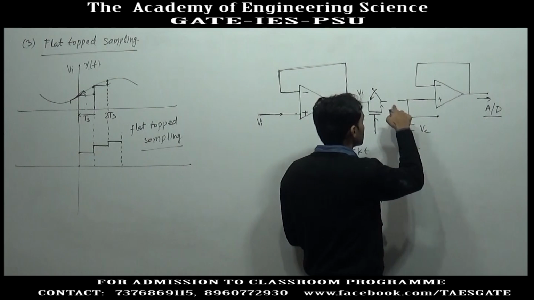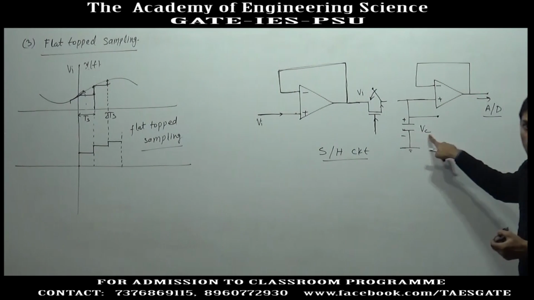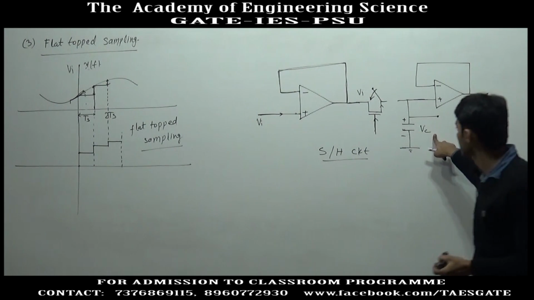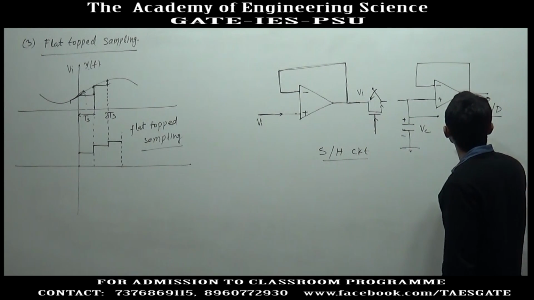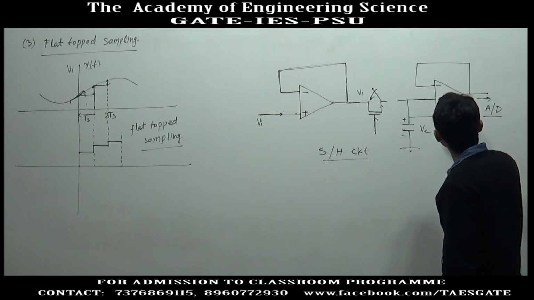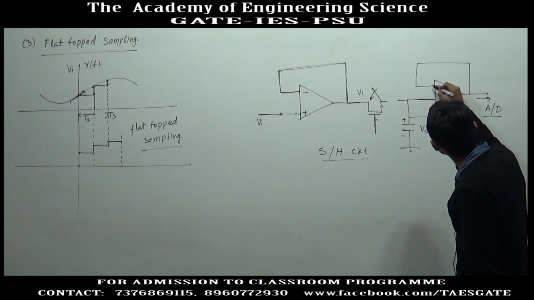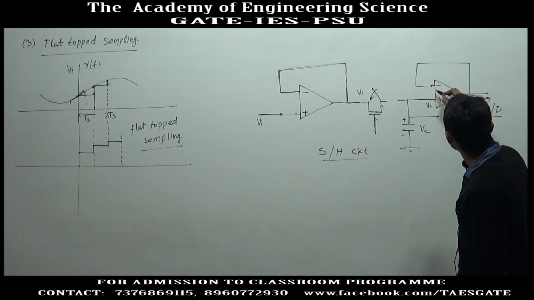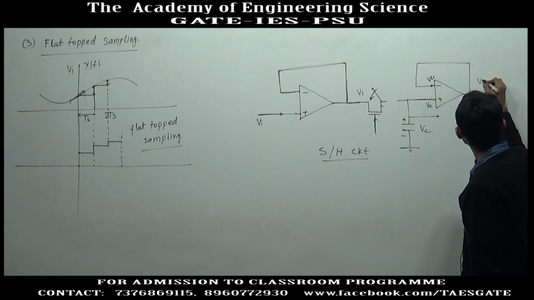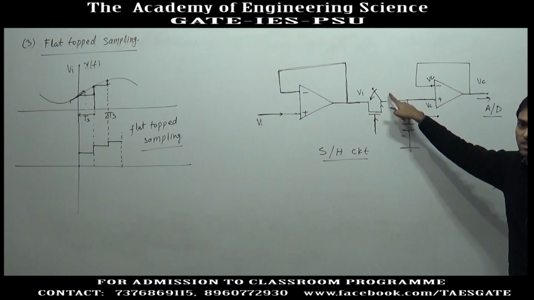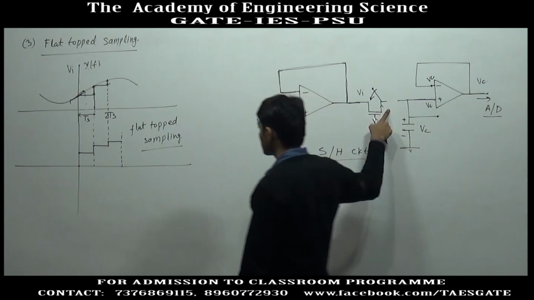So, whenever this switch is opened, the capacitor can hold its voltage, its output. And again, the potential of this point and this point is the same. So, if it is at Vc, this point will also be at Vc, and we will get the output voltage Vc as constant whenever this switch is opened.